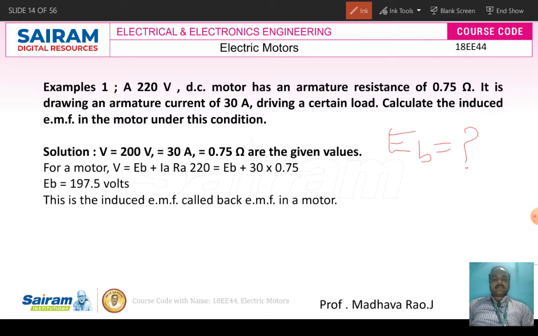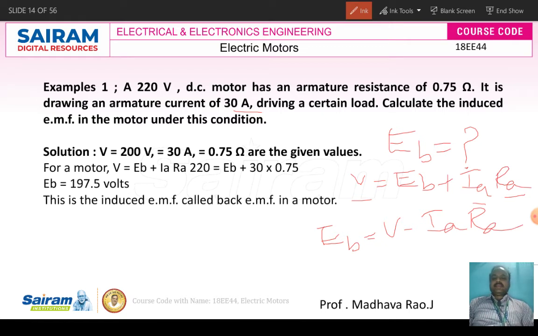So what is the back EMF formula? We have a relation between terminal voltage and back EMF: V is equal to EB plus IA RA. We know the armature current 30 amperes, armature resistance 0.75, terminal voltage 220 volts. So EB is equal to V minus IA RA, which is 220 minus 0.75 into 30.